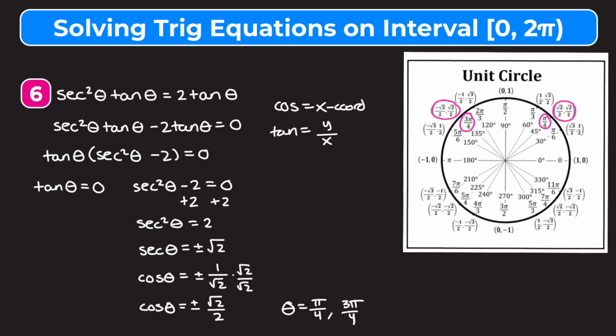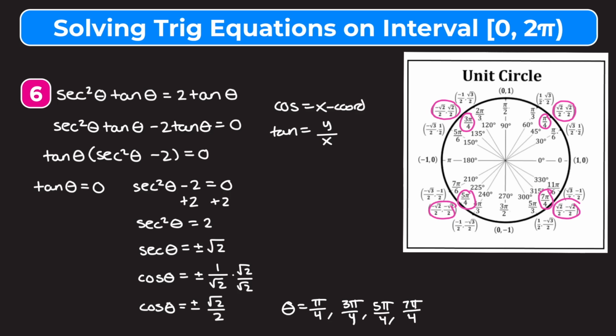And in the third quadrant, we get 5 pi over 4. And in the fourth quadrant, you probably guessed it, we get 7 pi over 4. So those are all of our answers for cosine of theta equals positive or negative root 2 over 2.